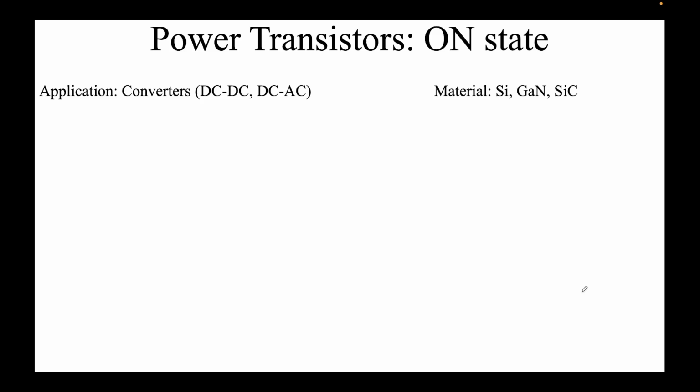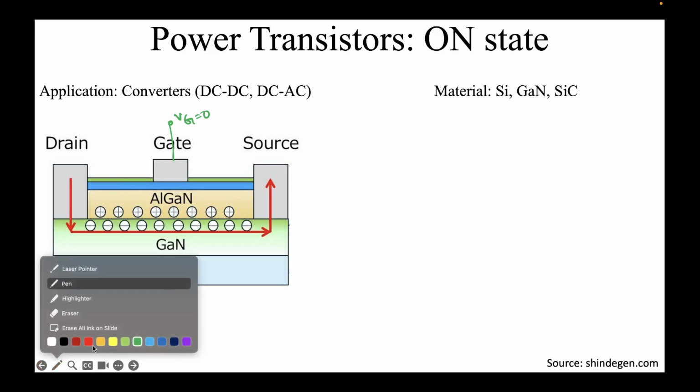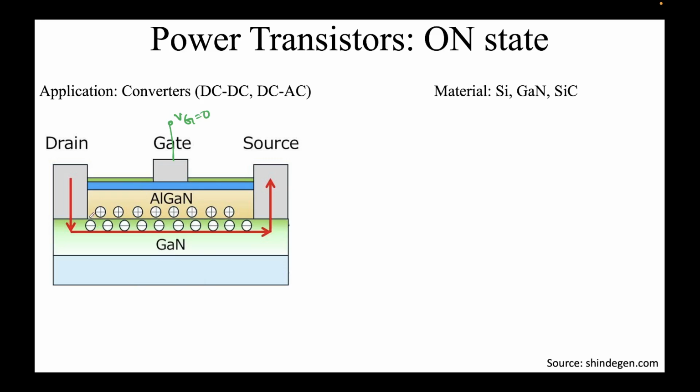Okay, right. So in the previous slide on three-terminal characteristics, this is the diagram that I have shown in on state. And just to repeat myself, what happens is that even when the gate bias is 0, you have a readily available source of electrons which are available at this interface.